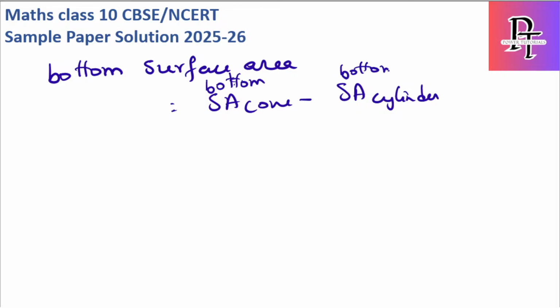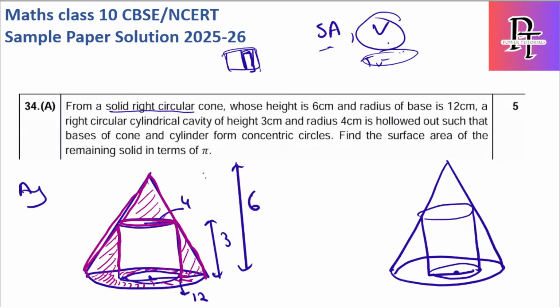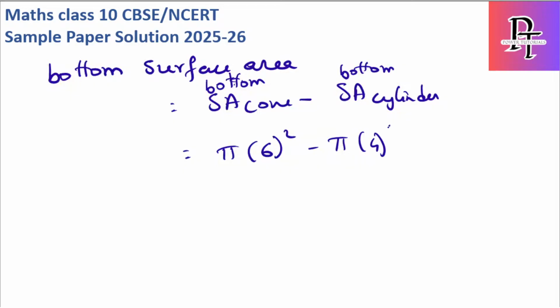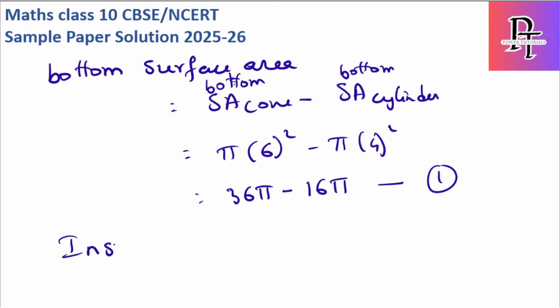Both are circles. So here it is pi into the cone surface radius 6 square minus the cylinder surface radius 4 square. So the bottom area is 36 pi minus 16 pi. This carries another 1 mark. Now the inside area. This is very important.